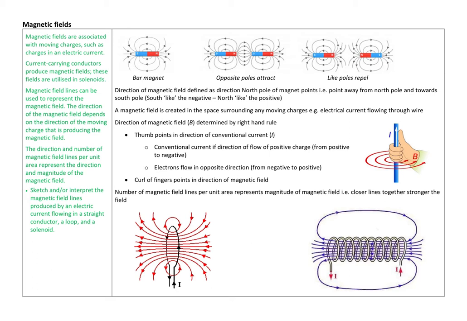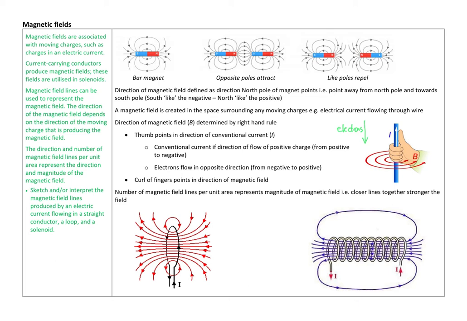So if this arrow here in the diagram is indicating conventional current, let's draw this in. Conventional current would go up, but that would mean that the electrons are flowing in the opposite direction.